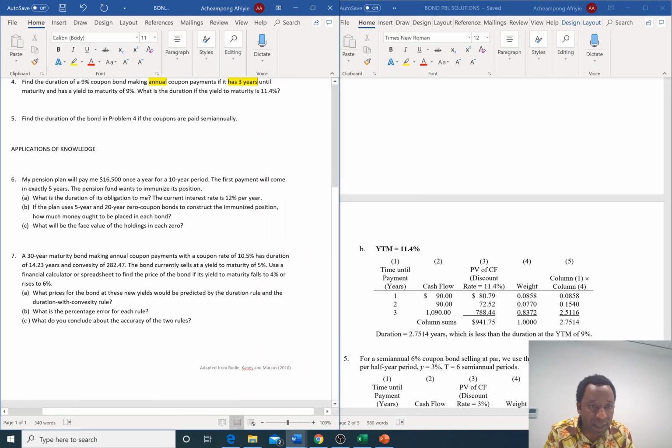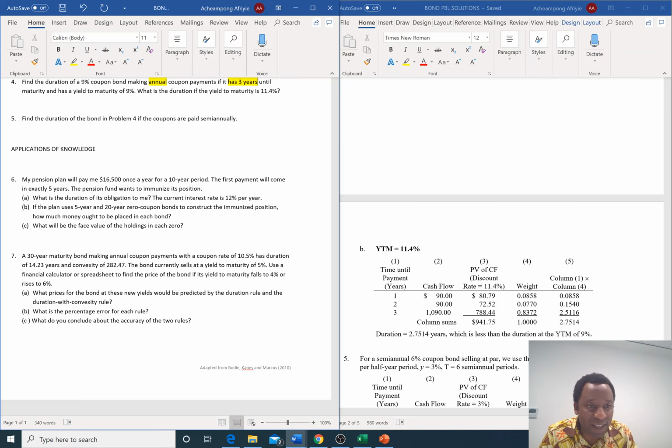So if you read this question carefully, you can see we've given you both the duration and the convexity, right? That's fine because you have enough workings to play with. So 30 years, wow. Can you imagine if you had to calculate the price of this 30-year bond yourself using your pen and paper in the exam? You will have interests that are stretching over 30 years, and it's going to be very cumbersome.